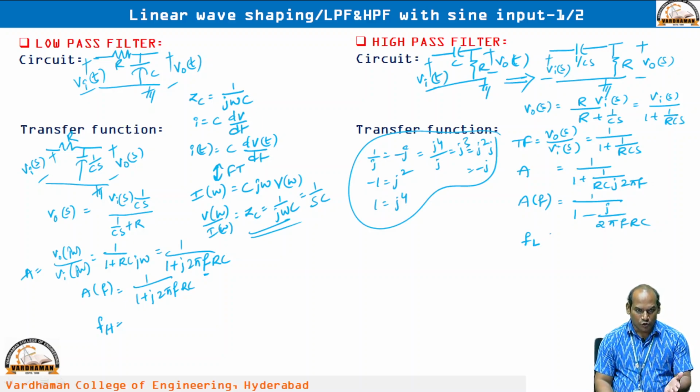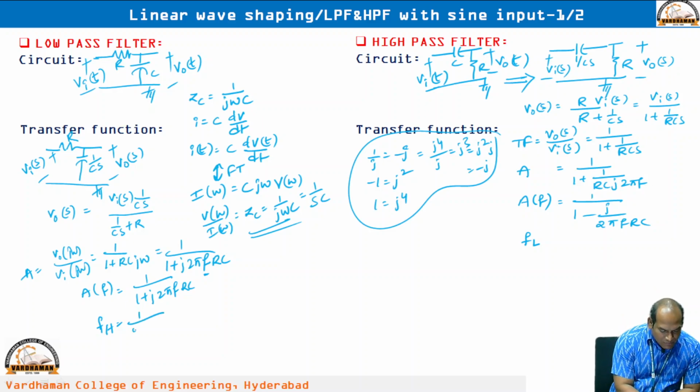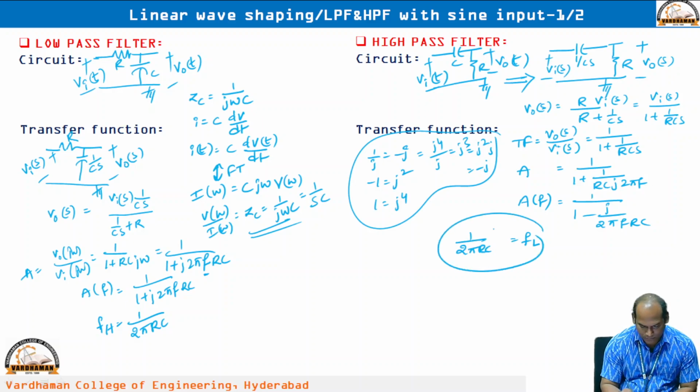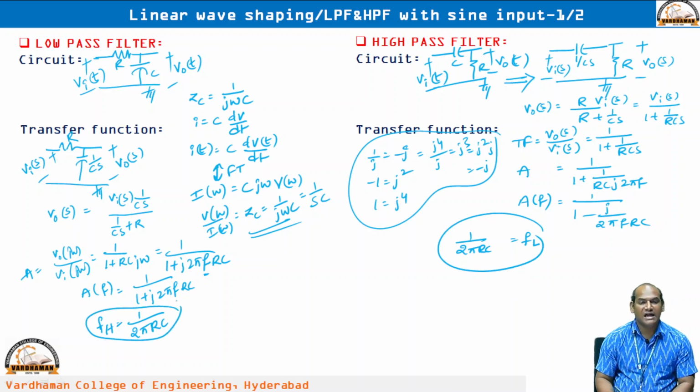In these two cases both formulas are the same, that is FH is equal to 1 by 2 pi RC and FL is also equal to 1 by 2 pi RC. About RC you will understand in a better way when we apply a step input. For the time being, try to remember these formulas.